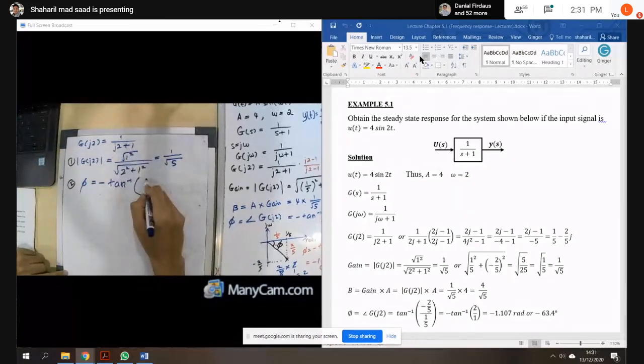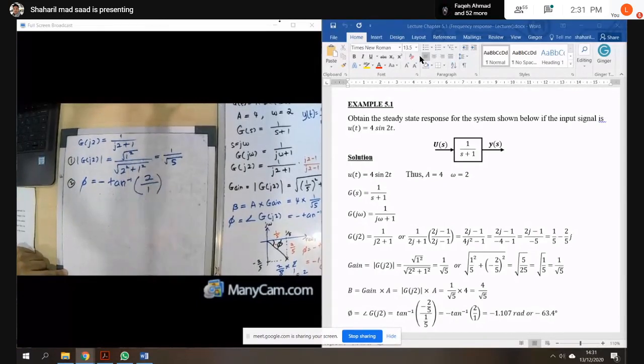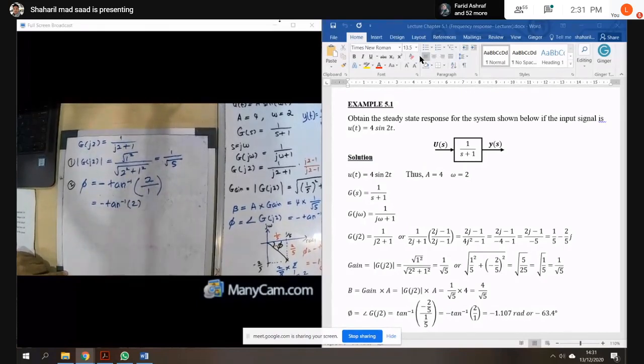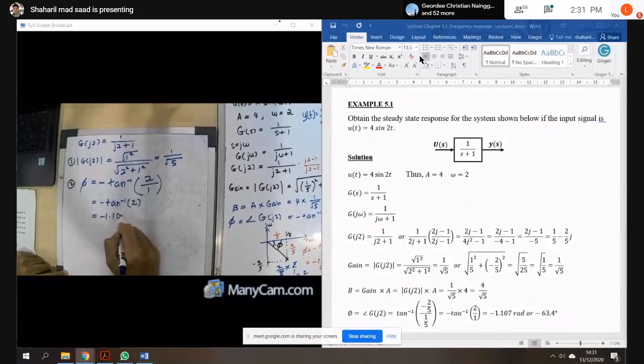So that means your j is 2 divided by real is 1. That's it. Then you get minus inverse tangent 2, which is equal to minus 1.107.